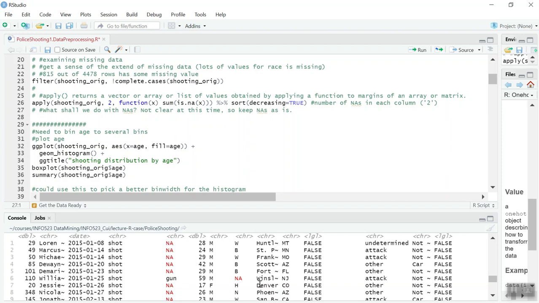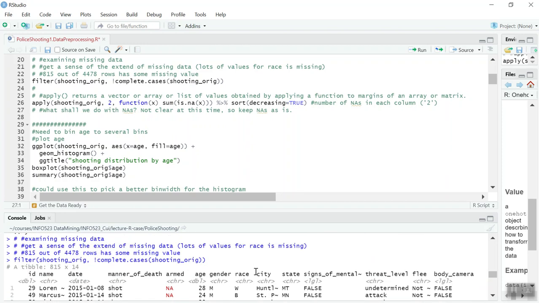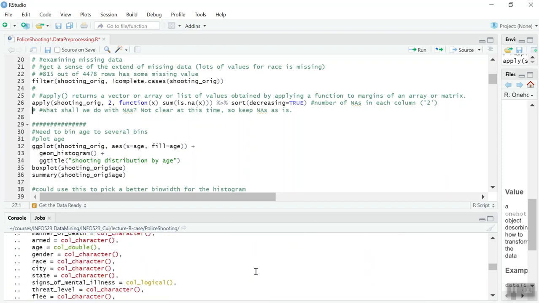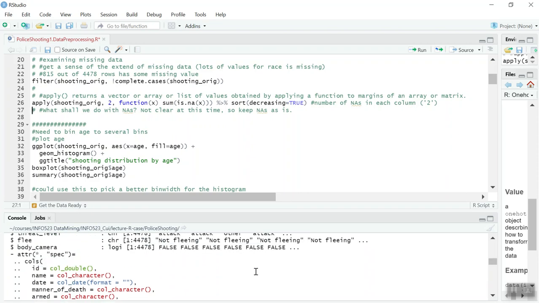And race, again, is something that we're going to make lots of predictions on. In many cases in our following analysis, race is going to be considered a class label. And a class label, obviously, is not something that you want to impute. So now we have an understanding.